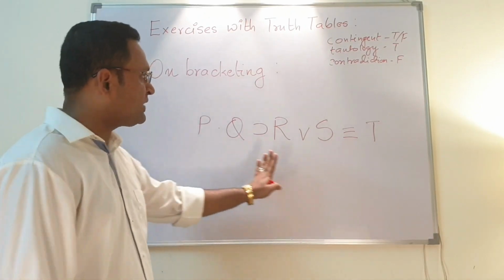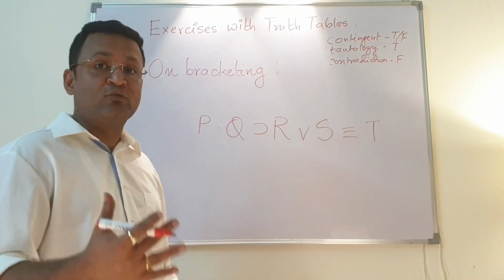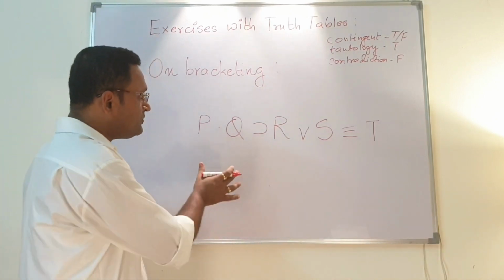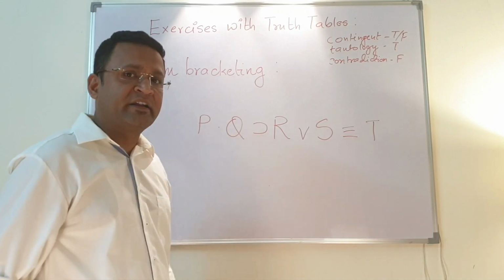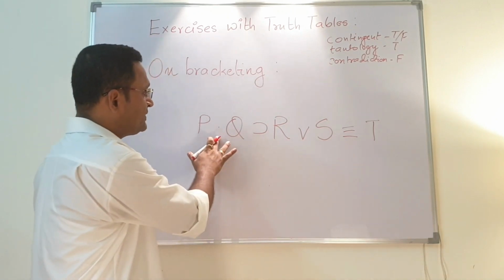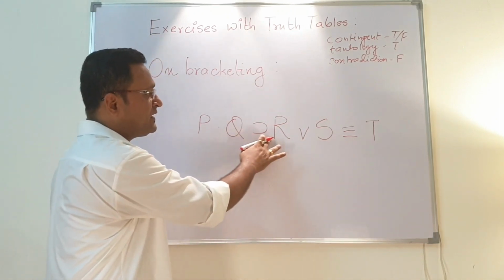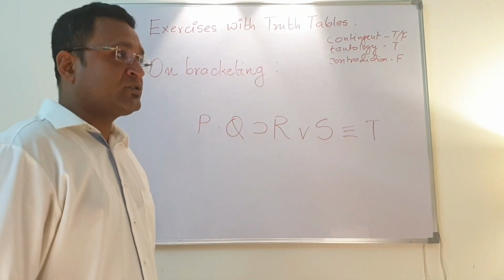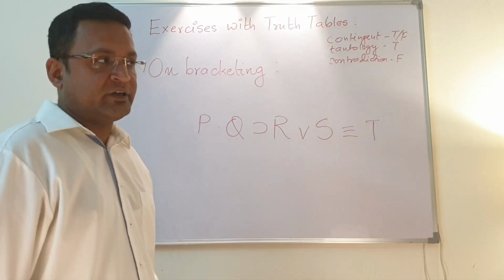Right now the expression is ambiguous, because you do not know which is the main connective. If you make this the main connective, or this, or this, the expression can change. So you need to be very cautious about it.